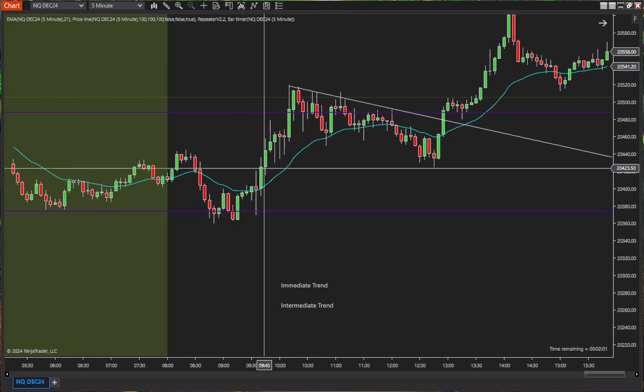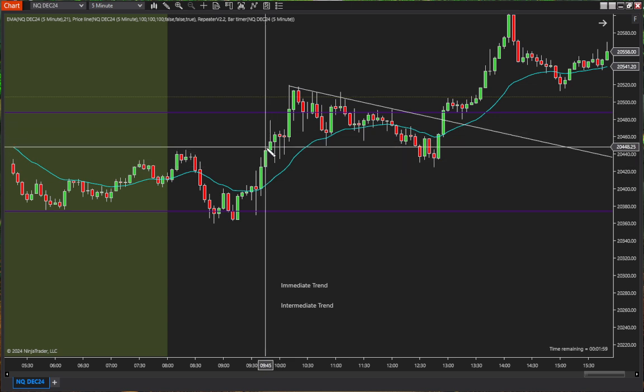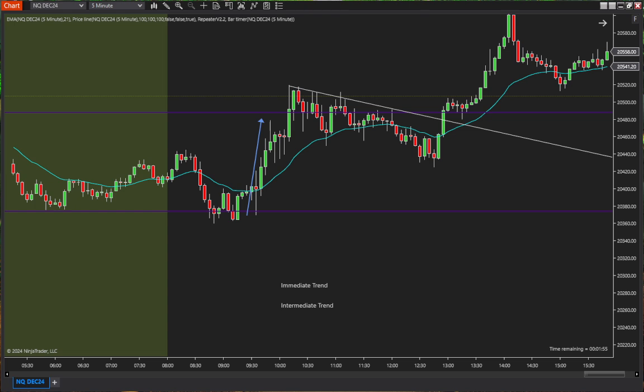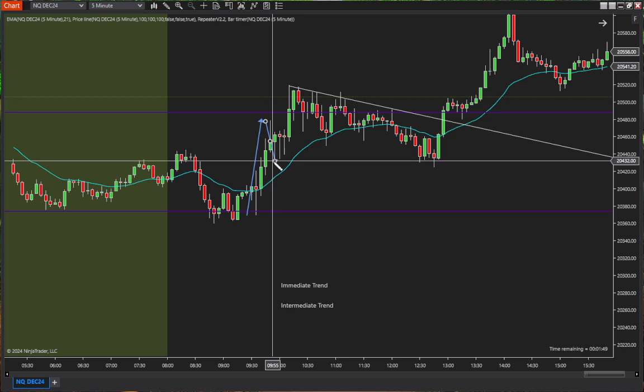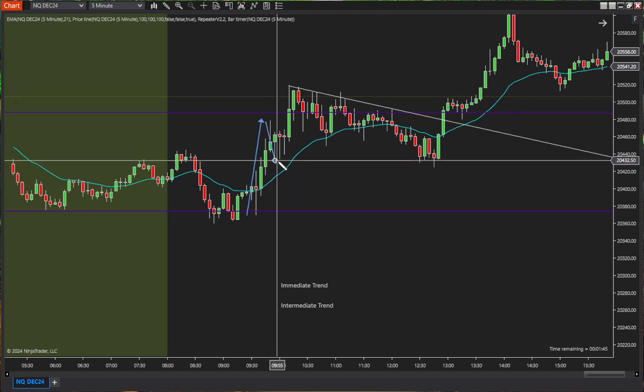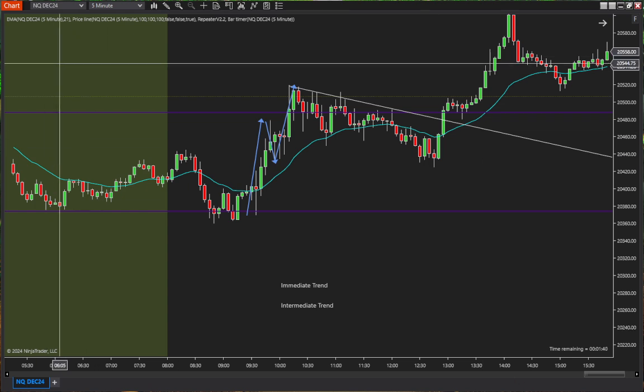So if we look here on the 5-minute chart, this is where the move started. We came up. Let's just talk market structure here. We came up. Where's our first pullback after that move up? Pulled back here. And then we made a move up. Okay, so this is the 5-minute.